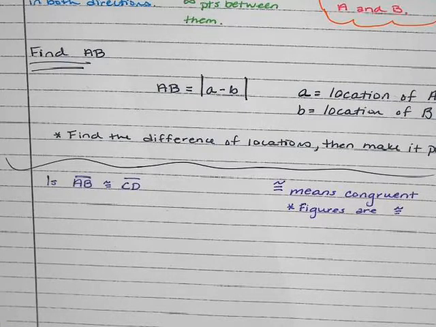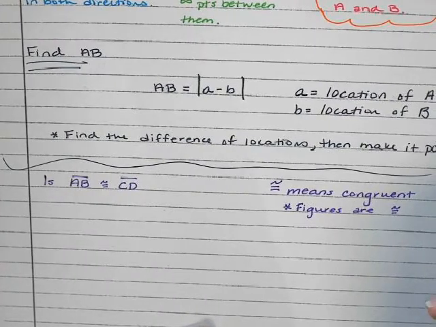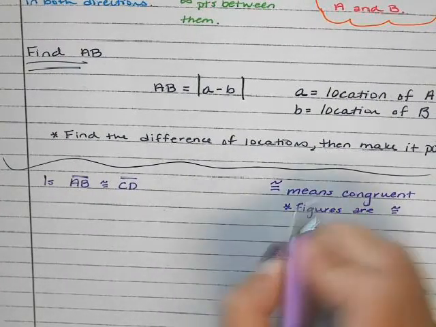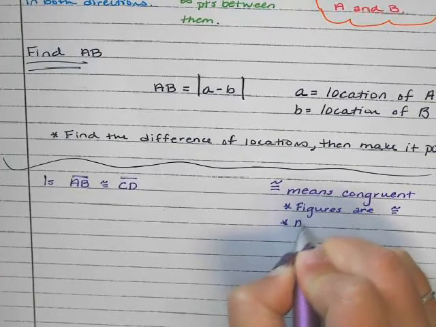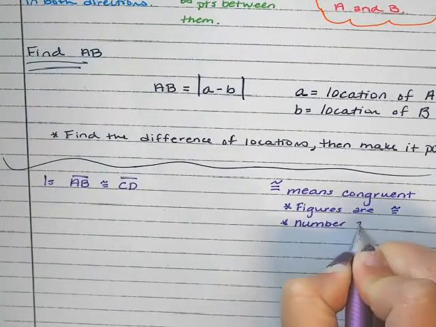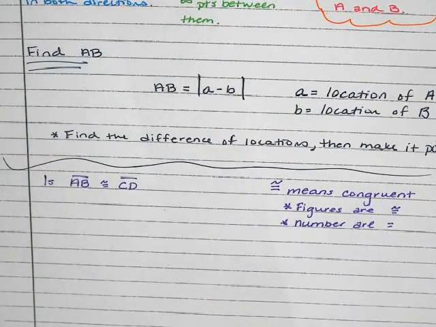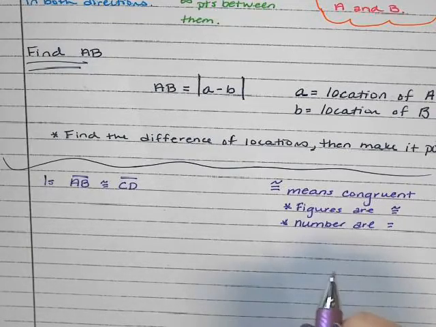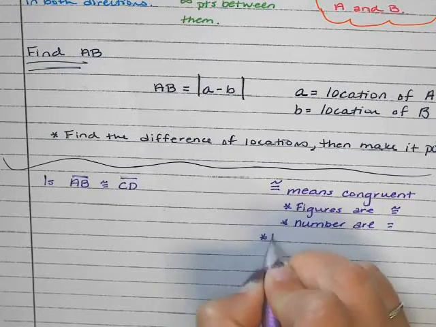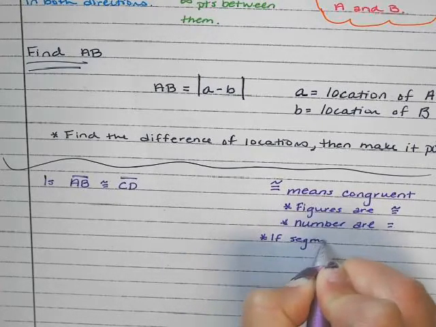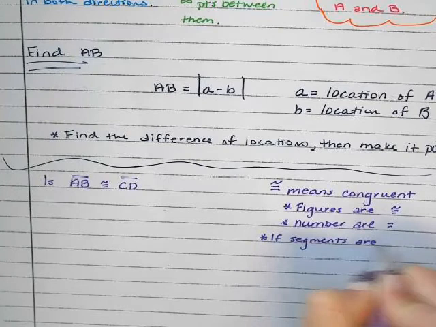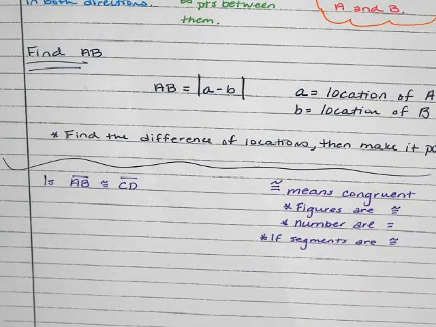If figures are congruent, that means that they are exactly the same size or equal. But numbers are equal. That's the difference. So we say that numbers are equal, but when we're talking about geometric figures, those are congruent. In order for figures to be congruent, or if segments are congruent, then that means that they must have the same length.